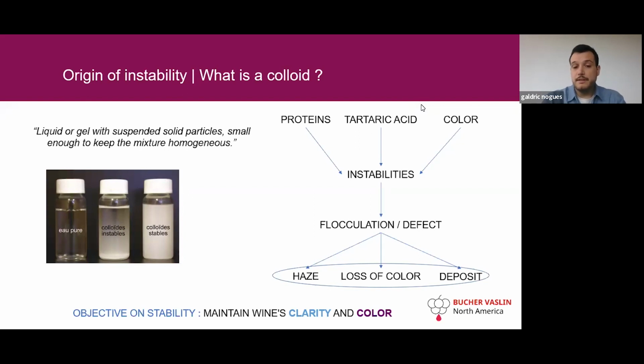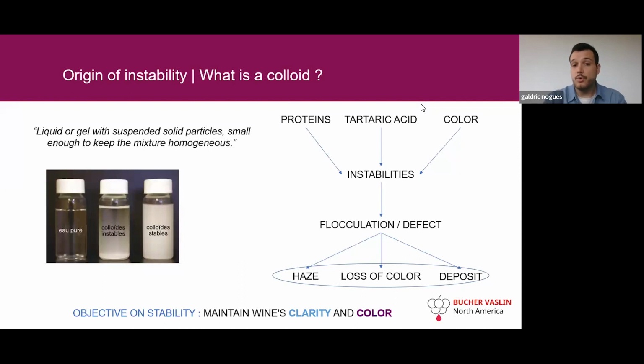But the very interesting thing about colloidal instability is that when you have a protein haze, a tartaric acid breakdown, or a loss of color, it never really matters in terms of the organoleptic or aromatic qualities of the wines. It's only a question of customer acceptance.